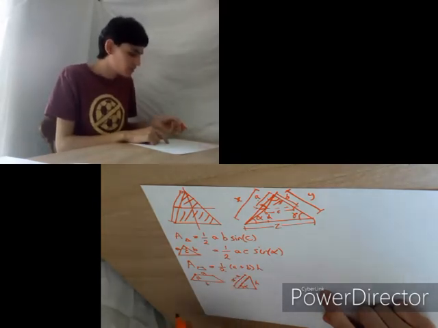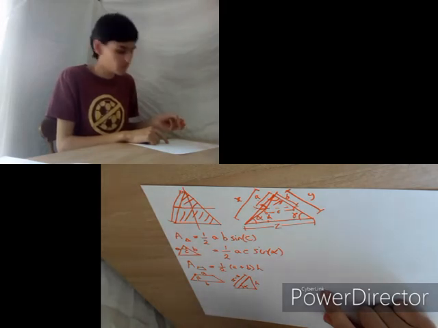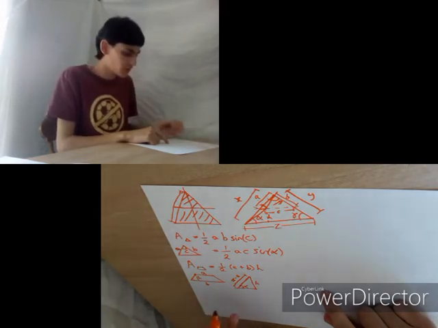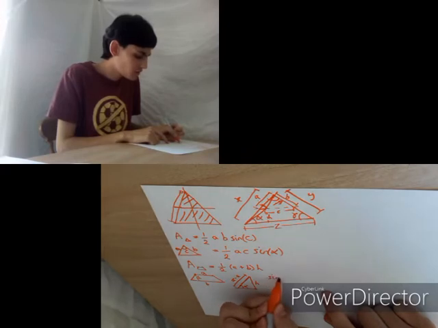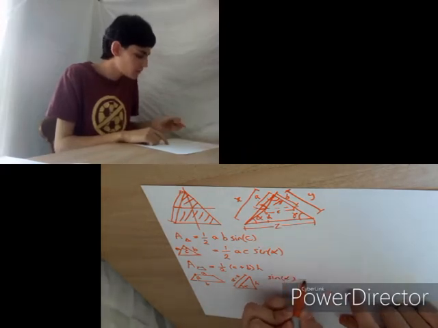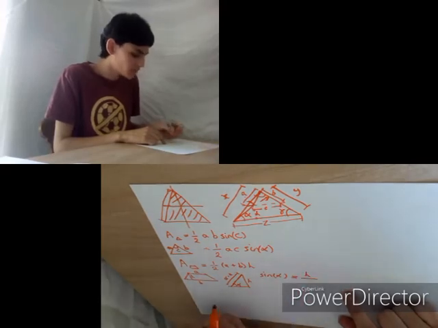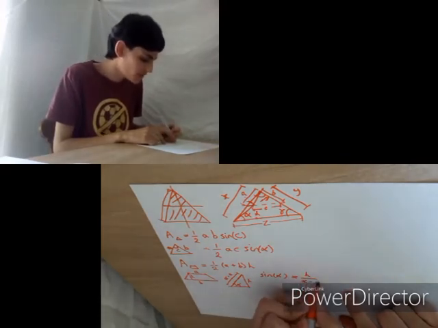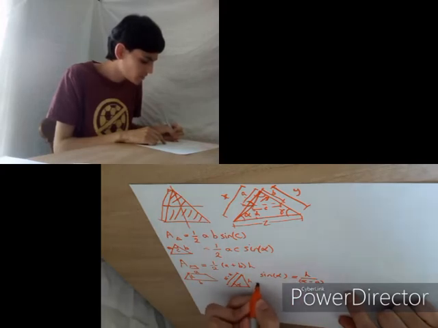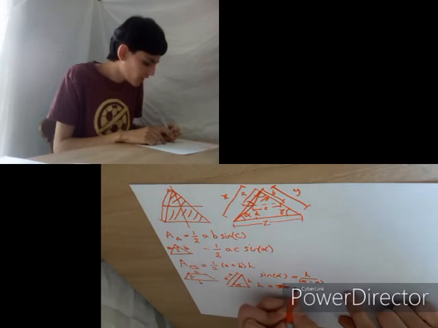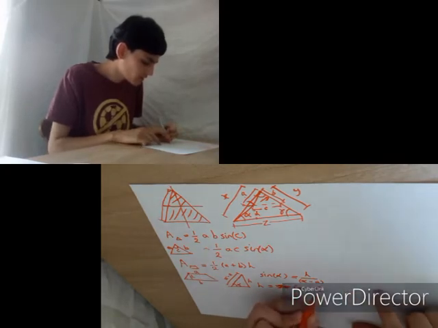Trigonometry tells us that sine of alpha equals opposite, which is H, over the hypotenuse, which is X minus A. So H equals X minus A times sine of alpha.